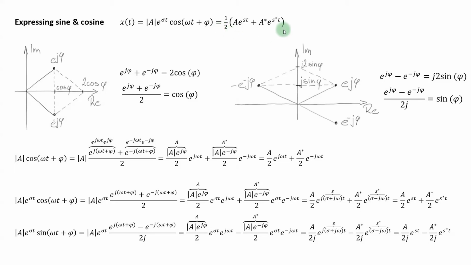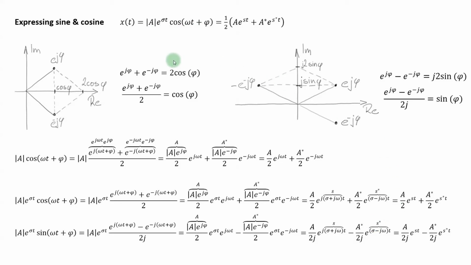In the previous slides, I showed you that a complex exponential contains both damped cosine and damped sine. But how do you take two exponentials and combine them to get a single damped cosine or a sine? Well, that is what I'm explaining in this slide.